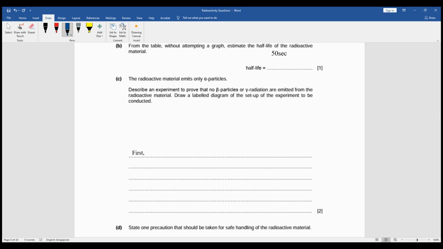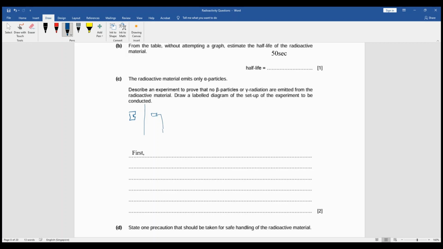Obviously I would need the source, in the lead box, that's how you draw it. I will need a piece of paper. Then I will need the receiver of the Geiger-Müller tube.